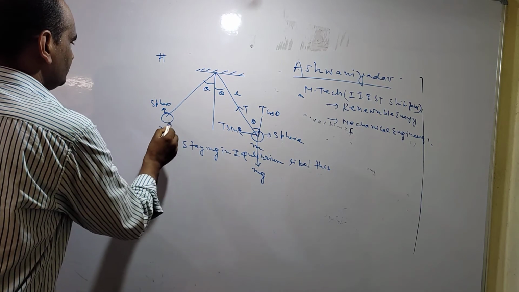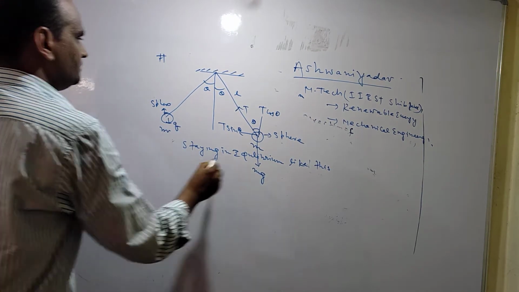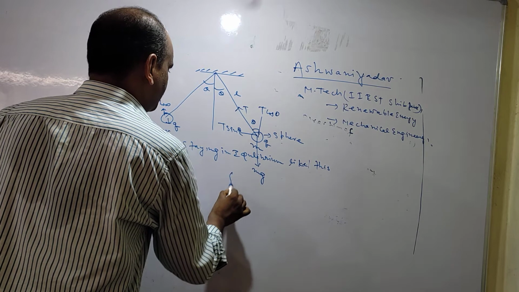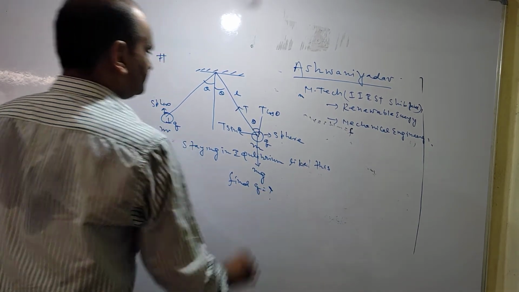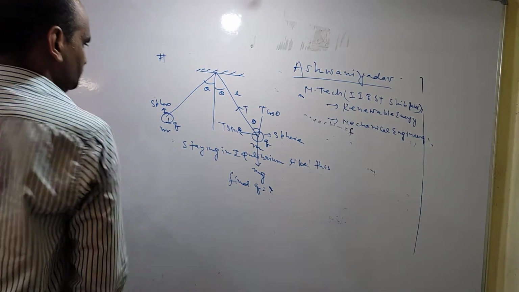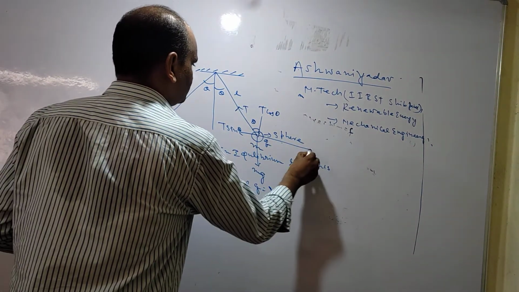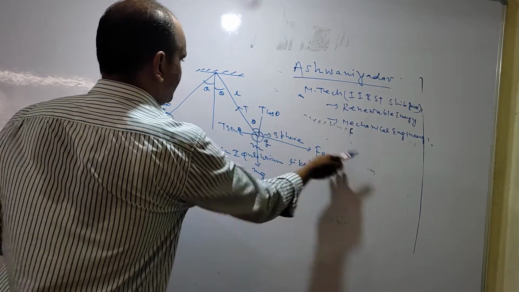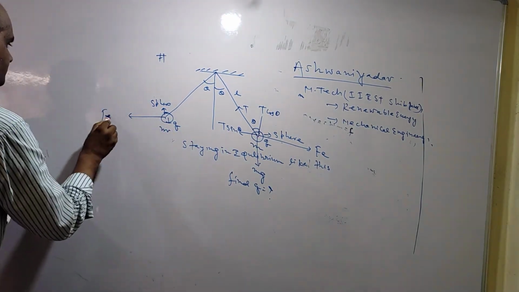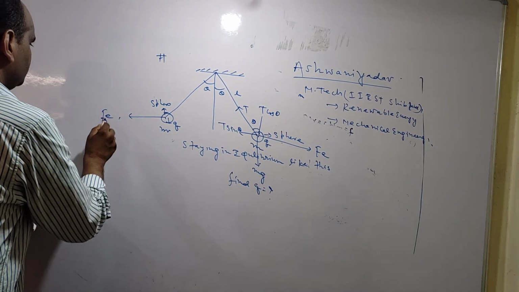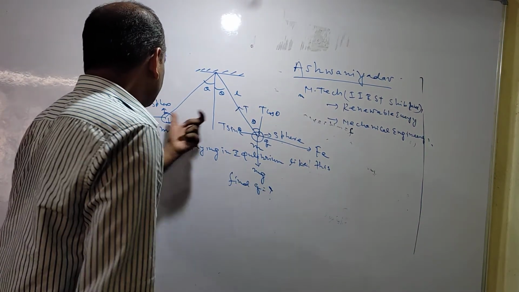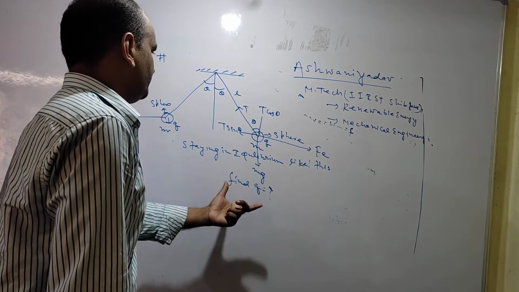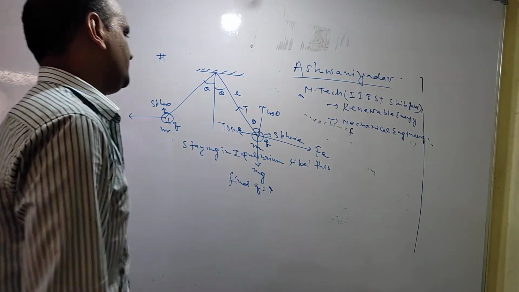Because both have the same charge q and q. Then find q. What will this charge do? It will apply an electrostatic force in this direction, and in this direction too. So we need to find how much charge it has to balance the force T sin theta.